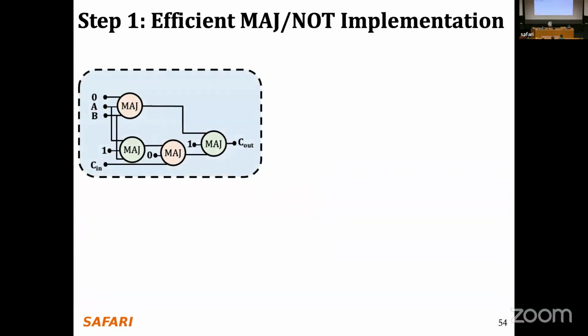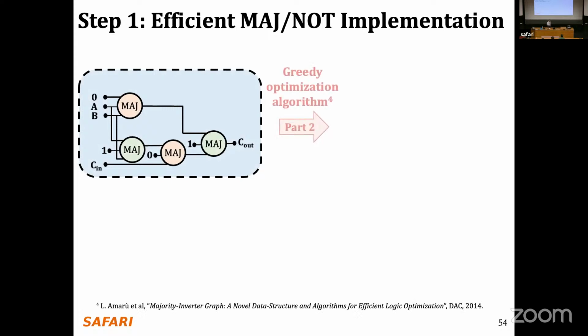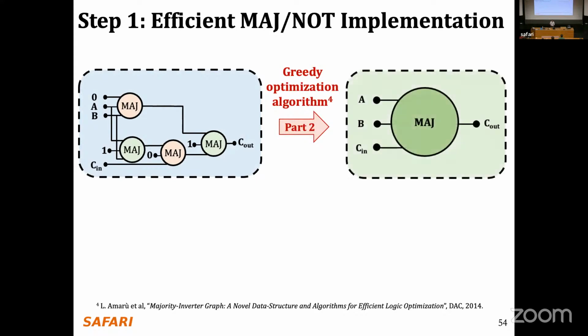So instead, we are going to first convert the circuit to its naive majority-based representation, and then use some EDA tools, some optimizers that target circuits implemented using majority gates, so that we can eliminate some of those gates.